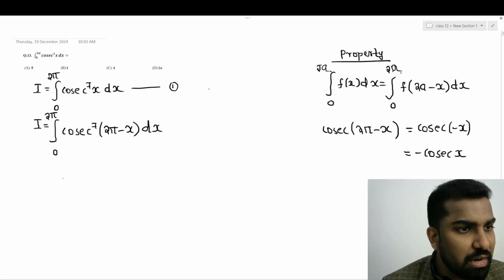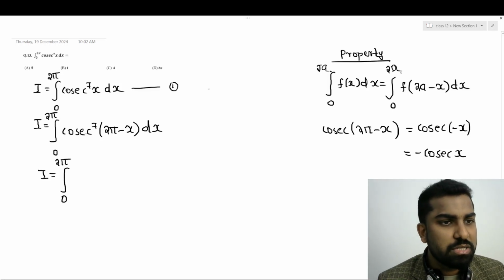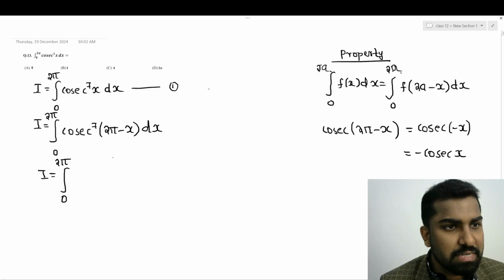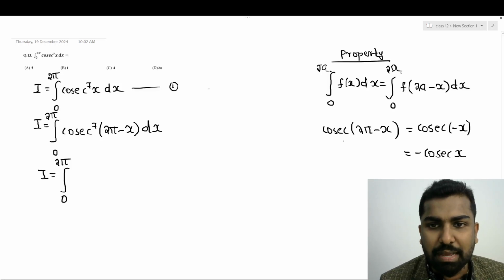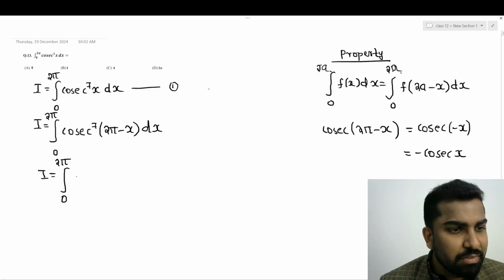So how will this question change? I equal to integral of 0 to 2 pi cosec to the power 7 of (2 pi minus x), which as per this property of trigonometric ratios will be equal to minus cosec to the power 7x dx.